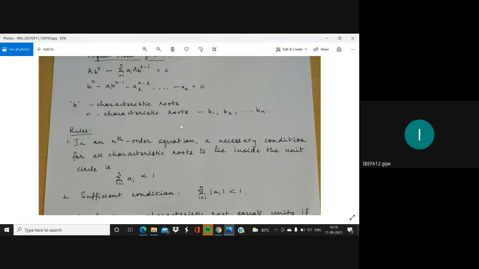Now just imagine a graph where along the horizontal axis you have real numbers, and along the vertical axis, the y-axis, you have imaginary numbers.